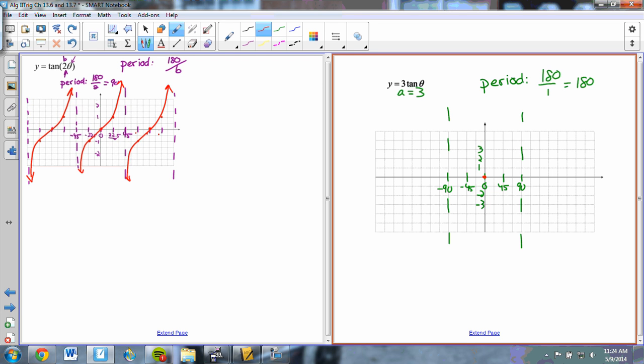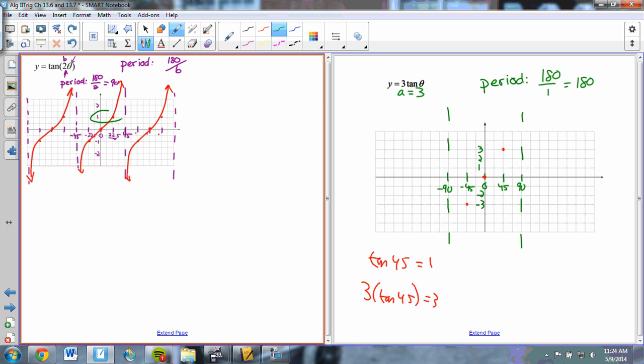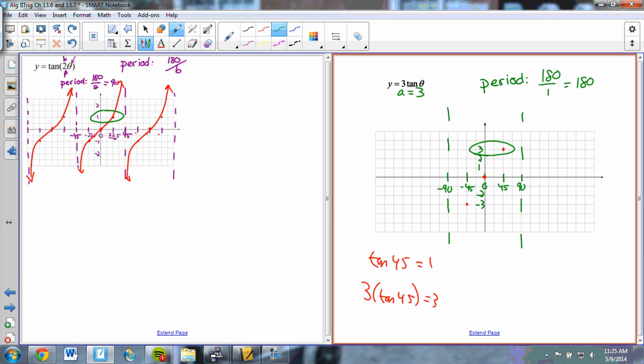But what's the tangent of 45? 1. So it's 3 times the tangent of 45. 3. So where it used to be at 1, now it's at 3. These middle points are just going to be higher and lower. Compare how this is at 1 to how this is now at 3. Because my scales are kind of off, it doesn't look that different, but it will be. This one is stretched much more vertically.